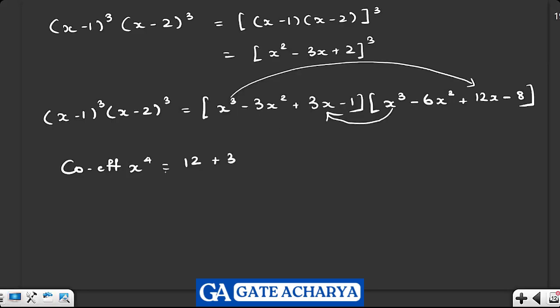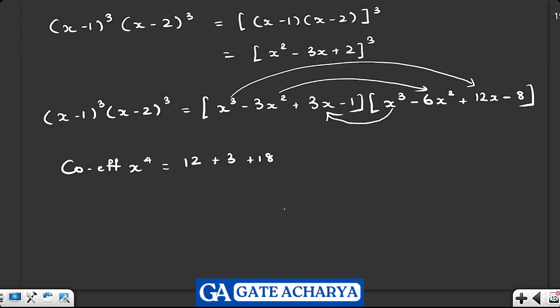So add all the coefficients. Next, where else can x raised to 4 pop up? This one: minus 3x square and minus 6x square. The coefficients are minus 3 into minus 6, which is plus 18. Is there any other way of getting x raised to 4?